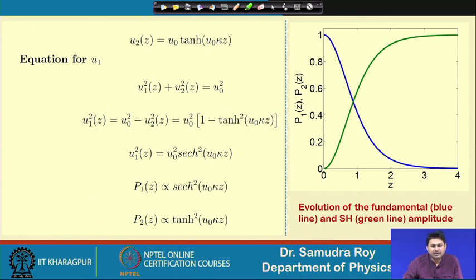Obviously, that was not the correct calculation, because in that calculation we made an approximation, and this approximation was that the fundamental wave is constant. So, it is not going to change, but the fundamental wave is constant and still I am getting some energy from the fundamental wave. This situation can happen when the efficiency of transfer of energy from the fundamental wave to the second harmonic is small.